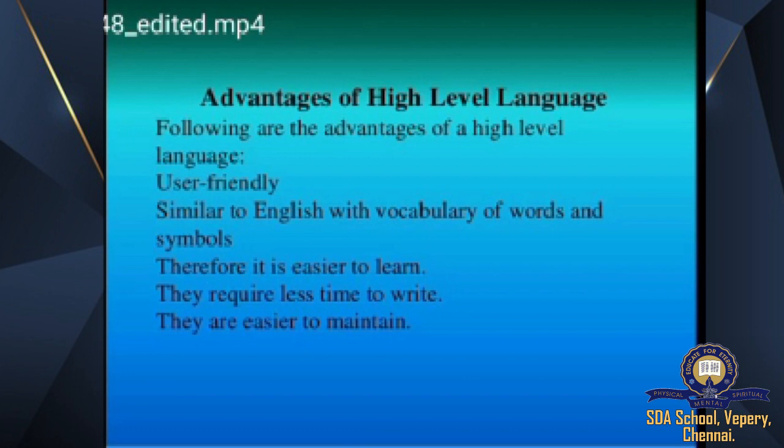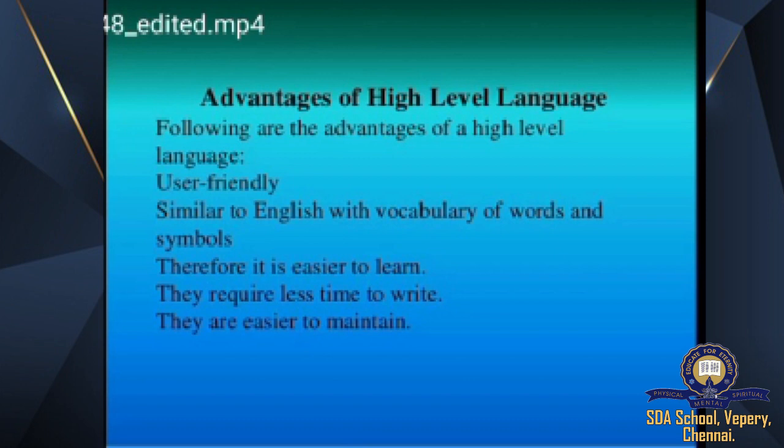It is very easy for us to learn and it requires a unique rule called syntax for writing statements which are specific to that language. Some of the popular high level languages are Basic, Fortran, Pascal, C, Visual Basic, C++, and Java.